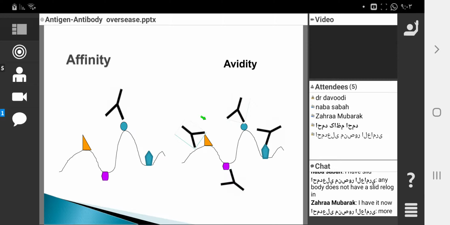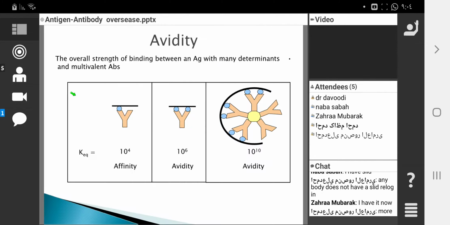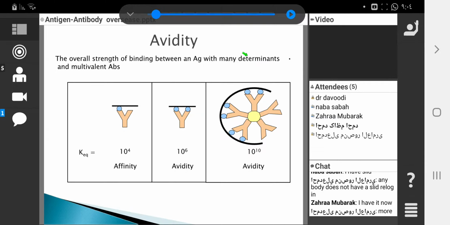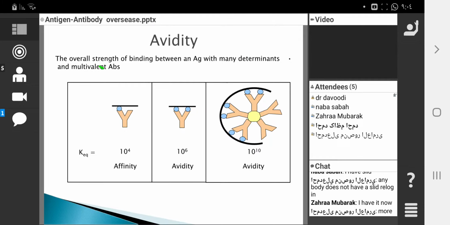The overall strength of binding between an antigen with many determinants, meaning epitopes, and a multivalent antibody is called avidity.